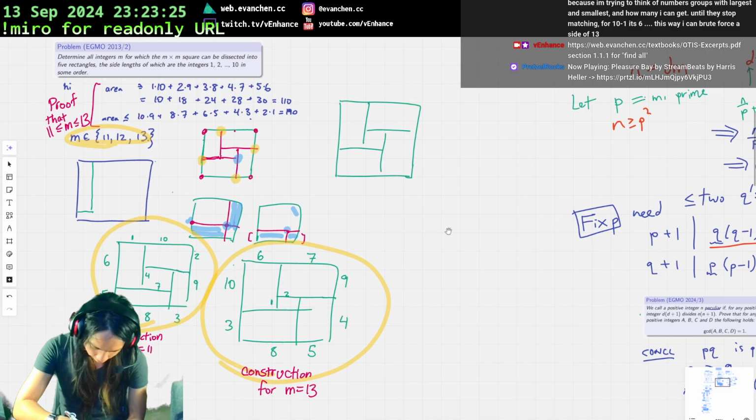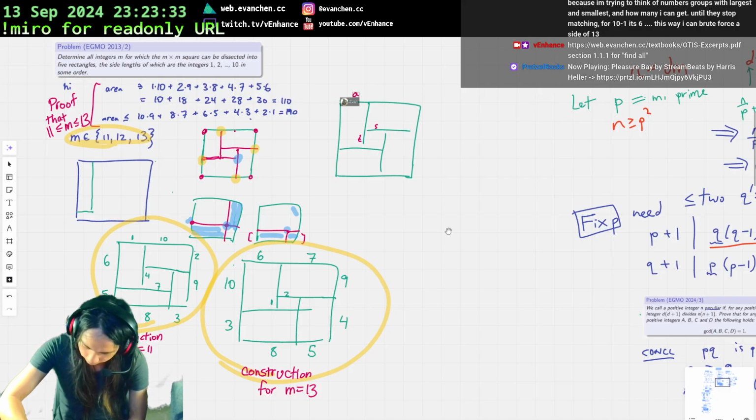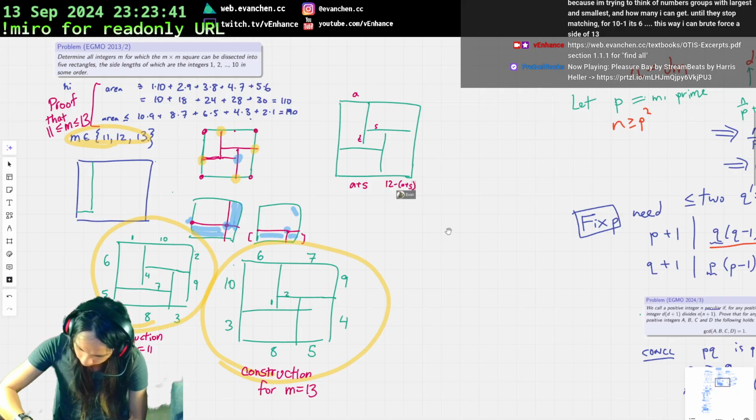What if I label all the small lengths? Okay, we're going to call this one S, T. So this is A. This is A plus S. So this is 12 minus A plus S. So this would have to be 12 minus A. If I label this one B, it's B plus T.